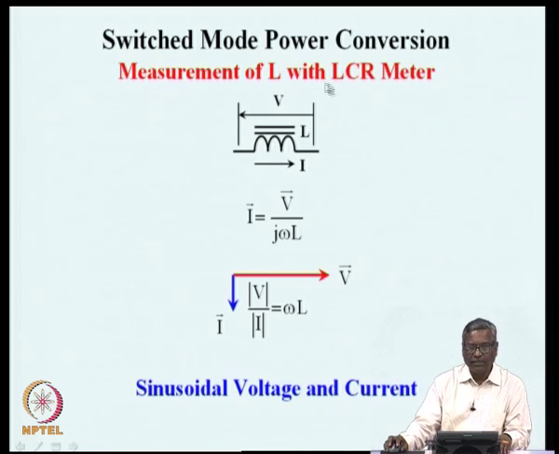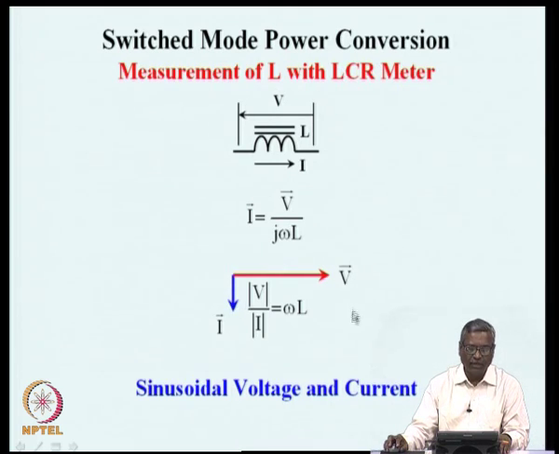Another important limitation of measuring inductance with an LCR meter is that the current with which the coil is excited, or the voltage with which the coil is excited, is normally very small. So, the inductor will not be tested at its rated current, but it will be tested at a very low current.